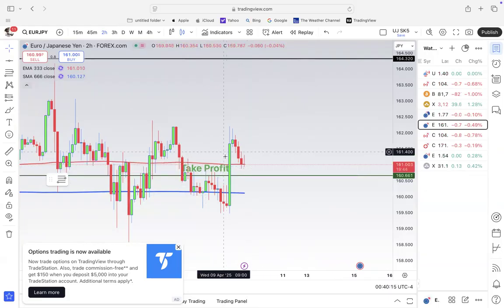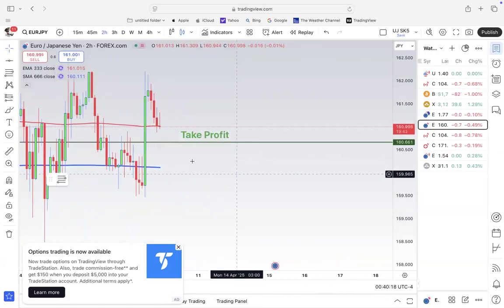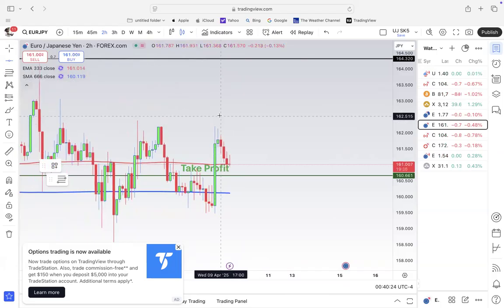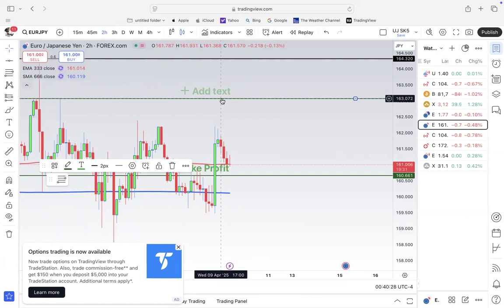And then I'm going to do a stop loss above these highs, and I'm going to stretch it out a lot further than what it has to be, because I just wanted it to be so improbable for it to get hit.